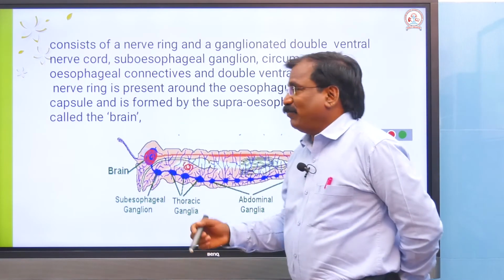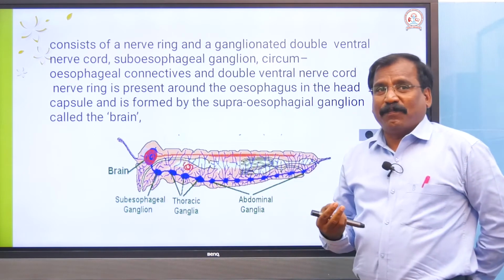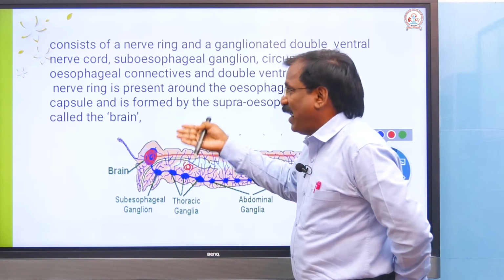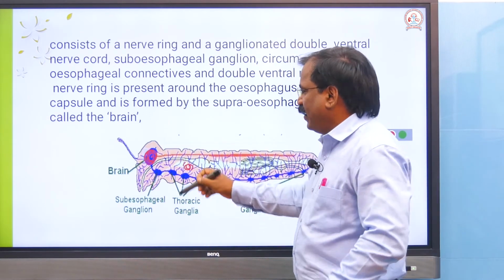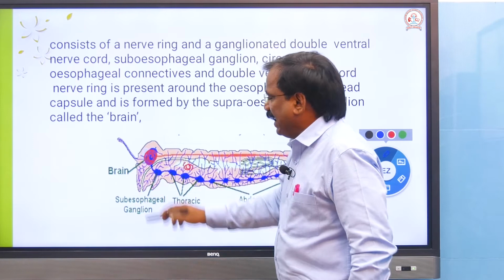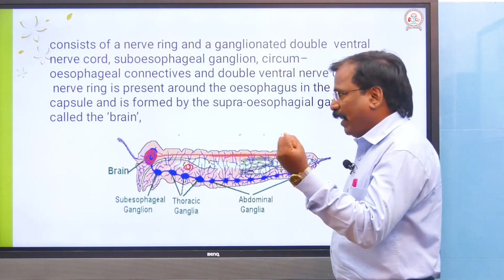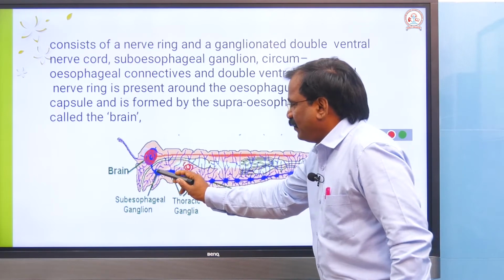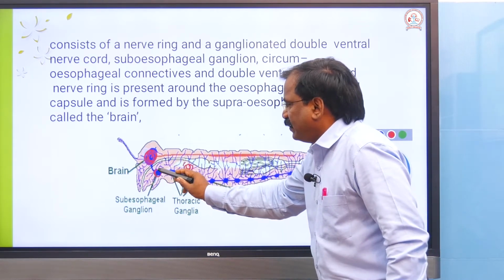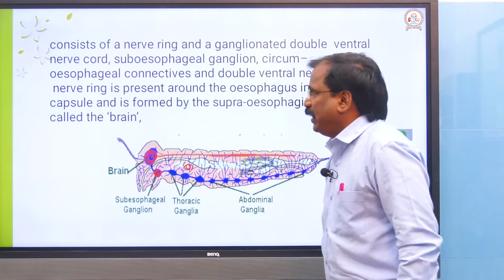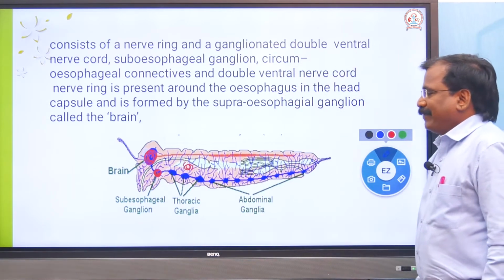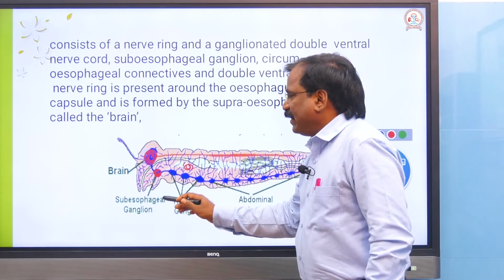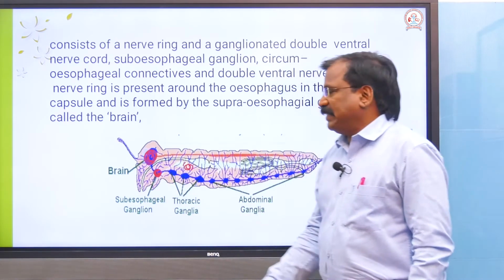As in the earthworm, we call it the supraesophageal ganglion. It is called the brain. Below the esophagus there is another ganglion, the subesophageal ganglion, which is smaller than the supraesophageal ganglion.